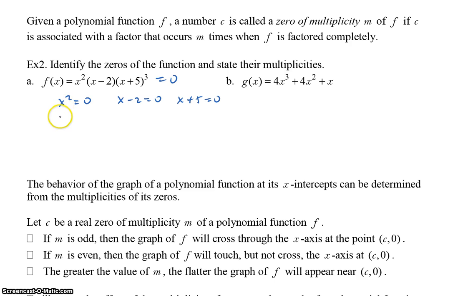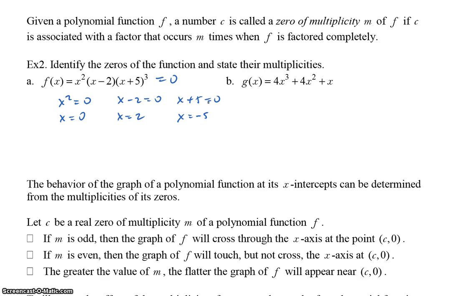For x squared equals 0, that's just x equals 0. For x minus 2 equals 0, that's x equals 2. And for x plus 5 equals 0, that's x equals negative 5. So the zeros of the polynomial are 0, 2, and negative 5.